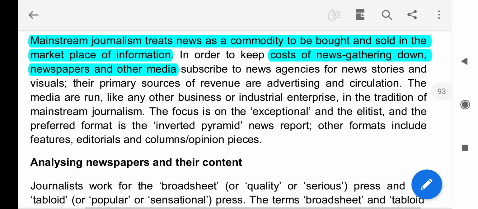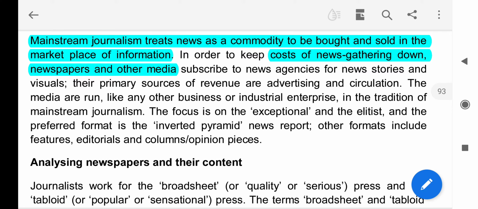The main source of revenue generation is the advertisements. Various kinds of advertisement agencies provide them with money, and circulation is very important. Everything, TRP and everything, depends on circulation.